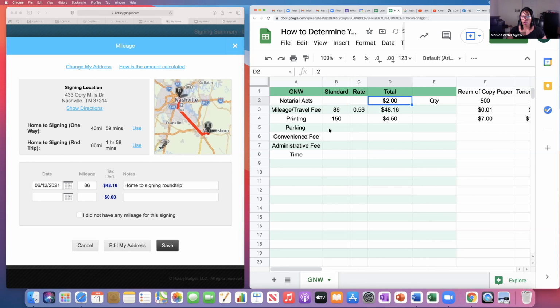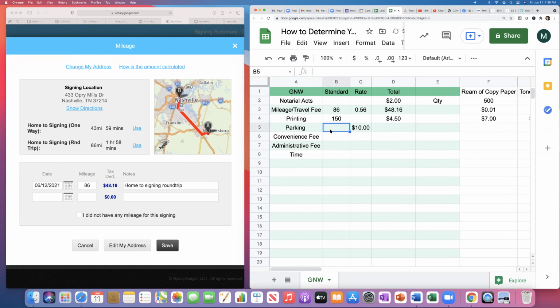All right. So with parking, we just came up with a number of $10. And then we've got notarial acts.